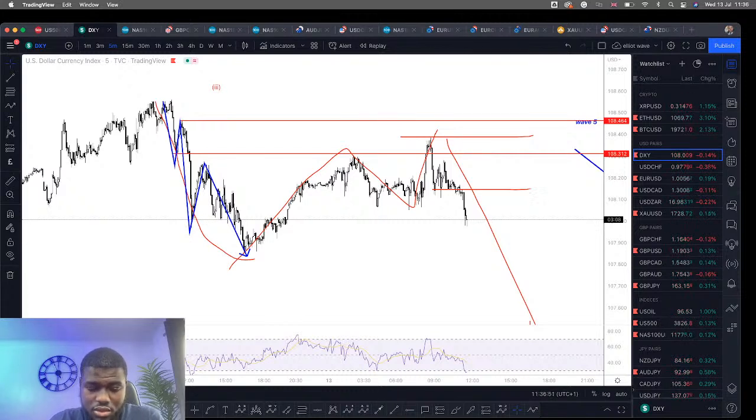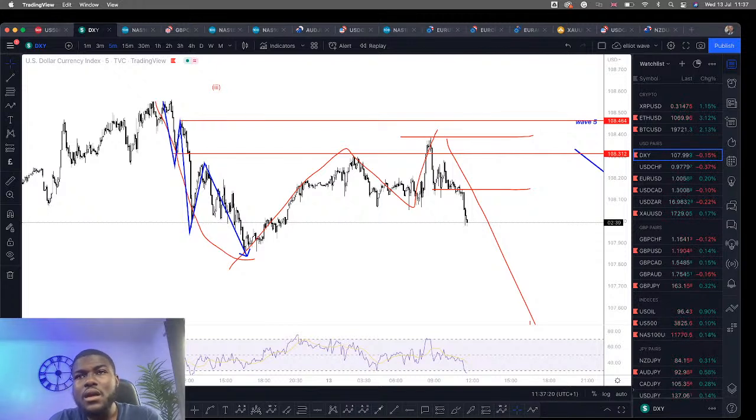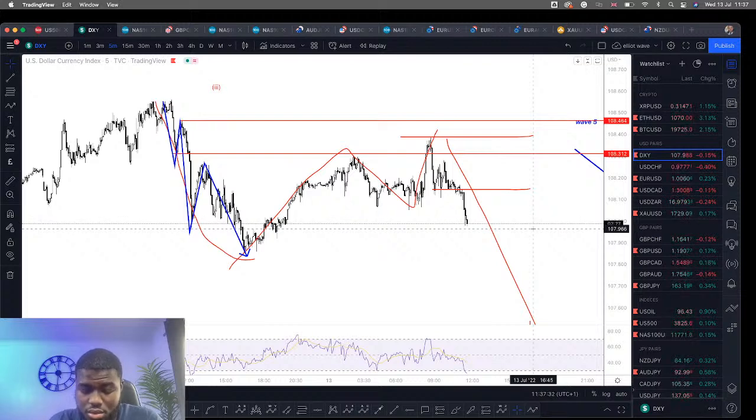Let me give it to them on the Telegram channel so that they can join. The DXY. You can sell at 107.999, stop loss at 108.400. The trade is currently open.